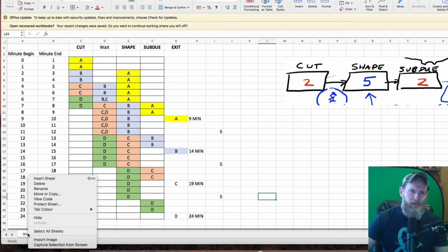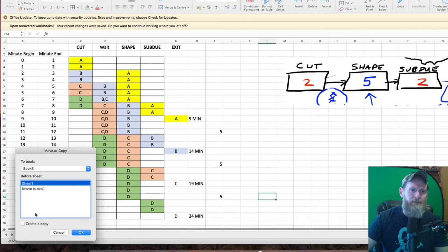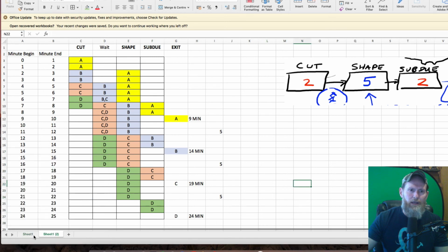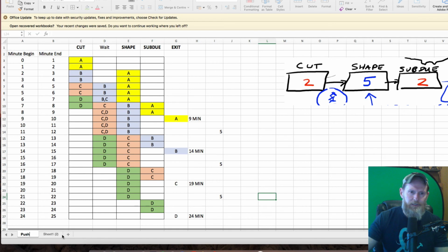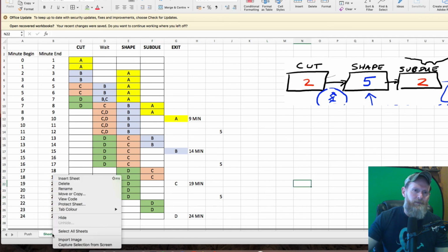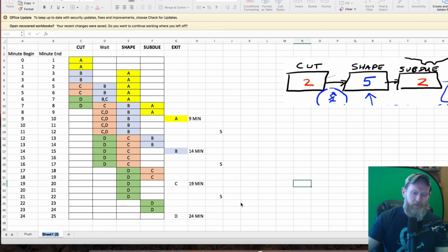I'm going to copy this and put it at the end here. And I'm going to label our first sheet. This is the push version. And this is the pull.